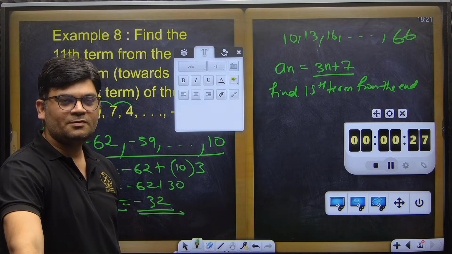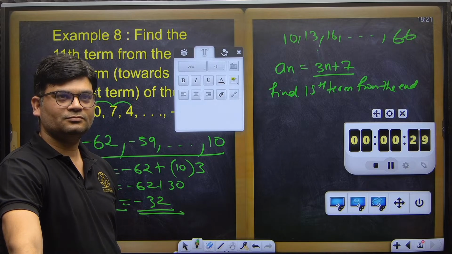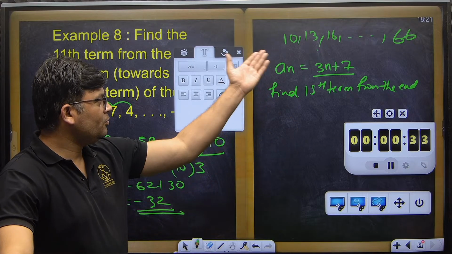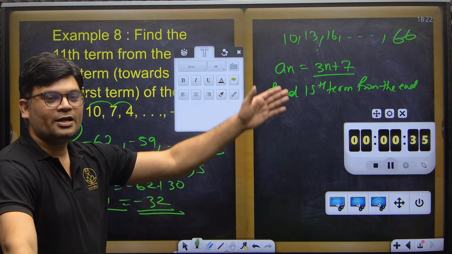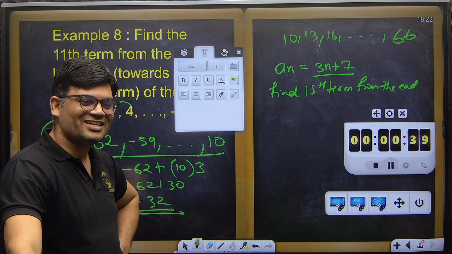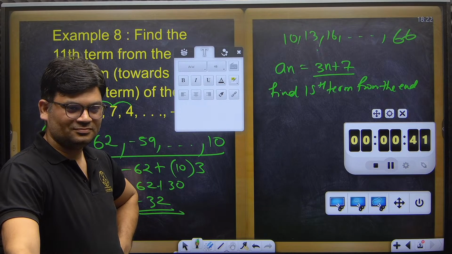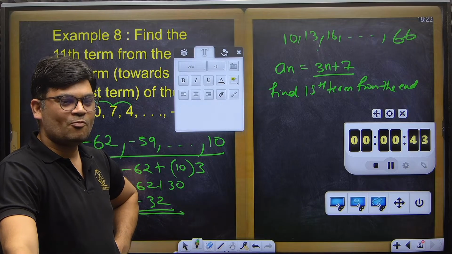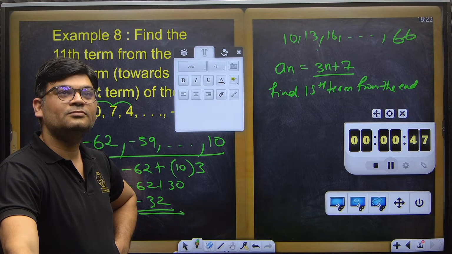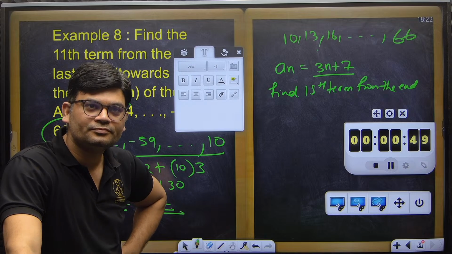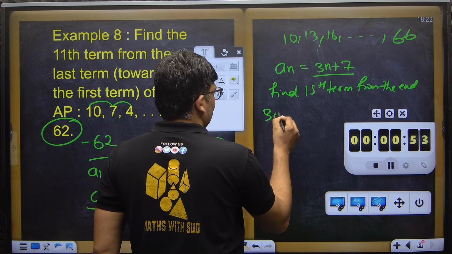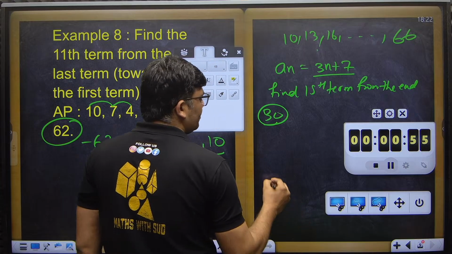Let me see who tells me first. 108. ये एपी तो घट रही है, 108 आगे कैसे जाएगी? वो तो आखिरी टर्म है. घटती एपी का 108 कैसे हो जाएगा? सर 30 है. कितना आया बेटा? सर मेरा 30 आ रहा है. ओके, let me check.